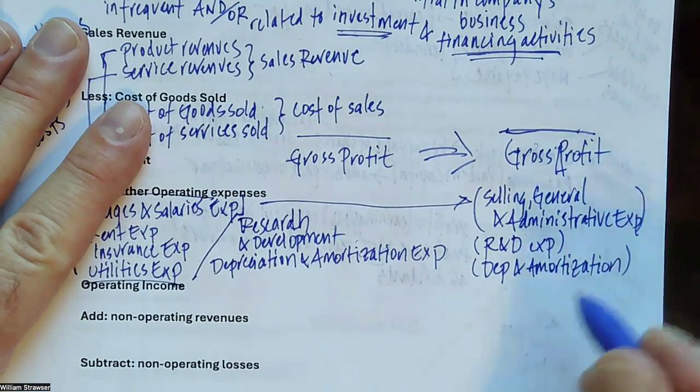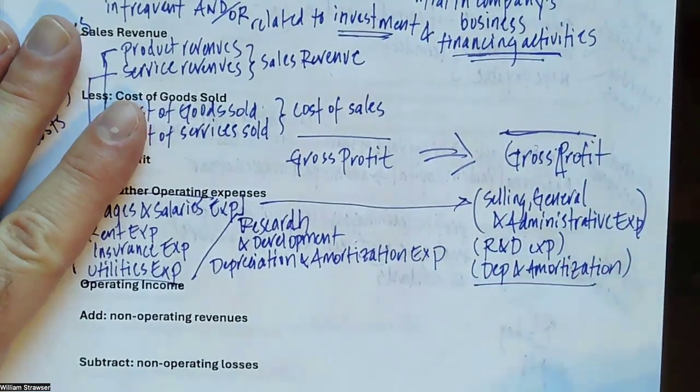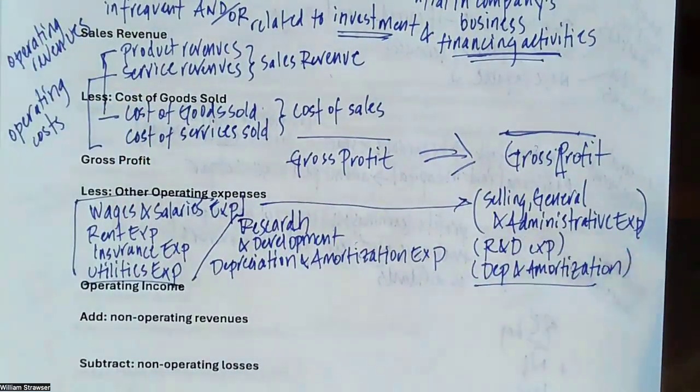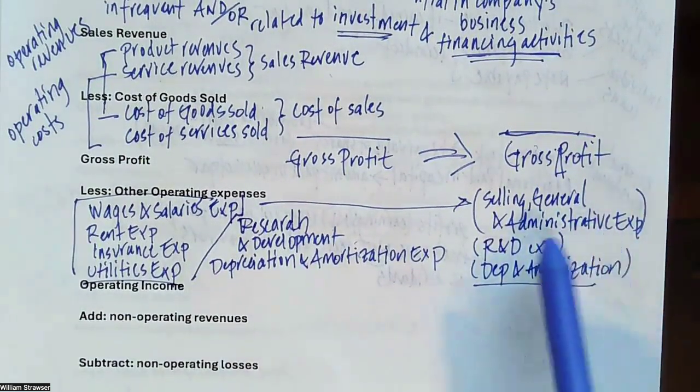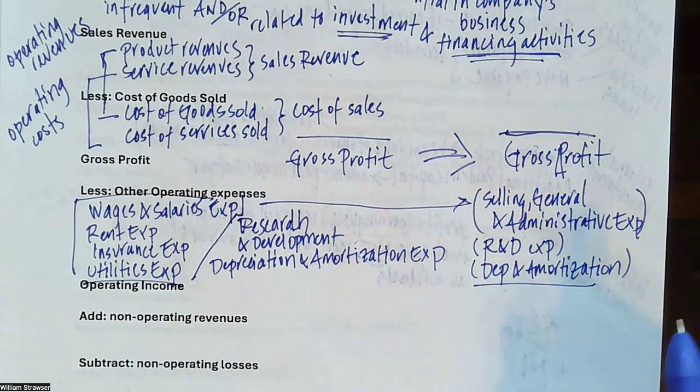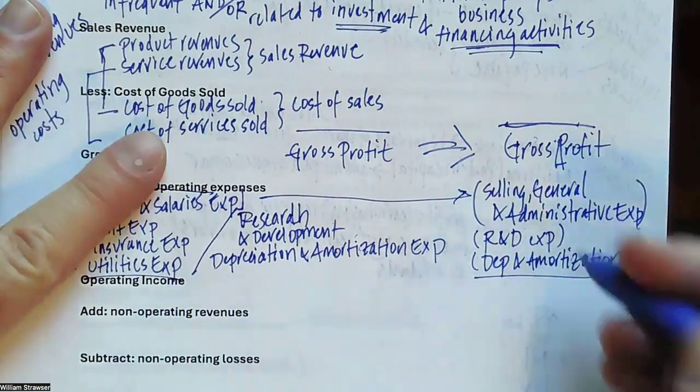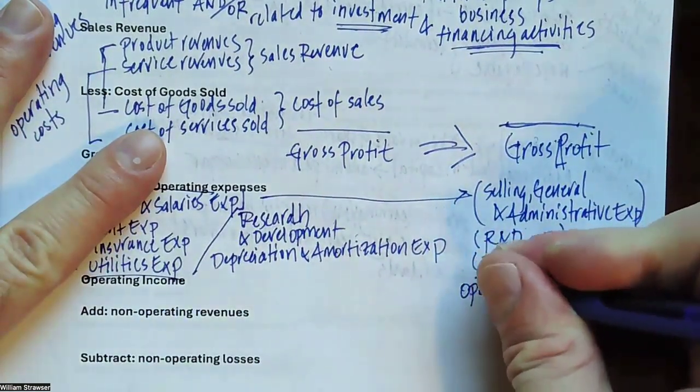Okay, when we really study the income statement specifically as our focus, toward the end of the course, we'll talk about why this happens. But for now, just understand this is how companies tend to report their information. This gives me operating income as a subtotal.